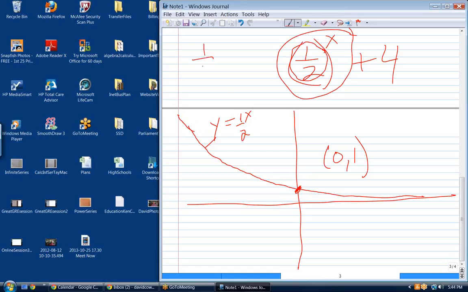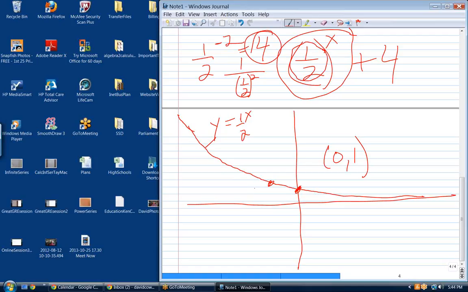If I took 1/2 to the negative 2, that's the same as 1 over 1/2 squared, which is 1 over 1/4, so that's equal to 4. So as x gets negative, y becomes positive, and it gets bigger the more negative x is.